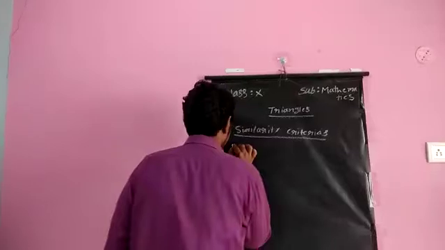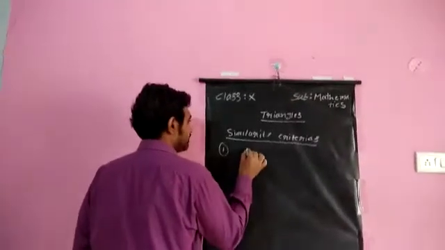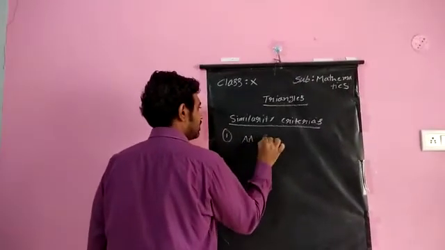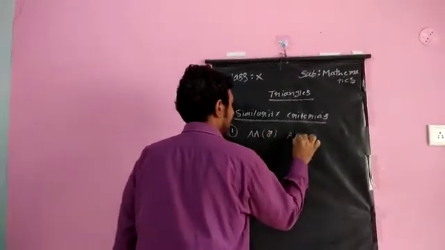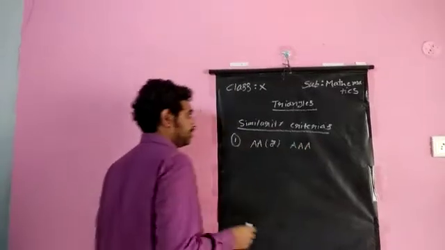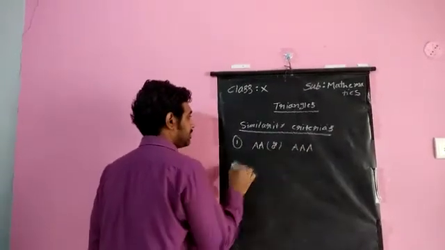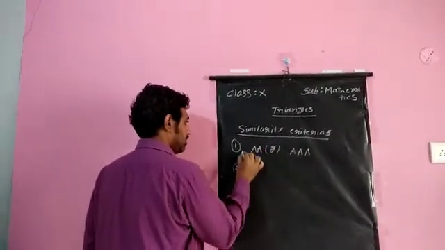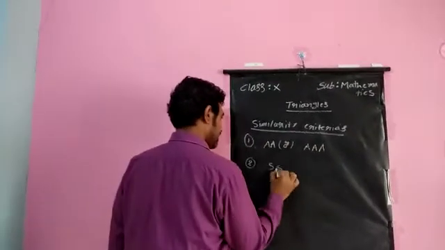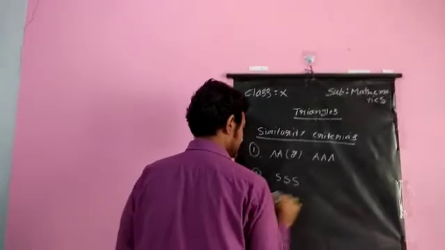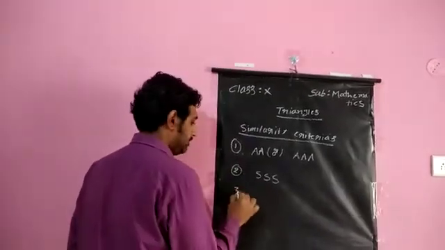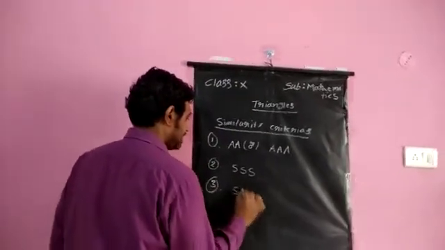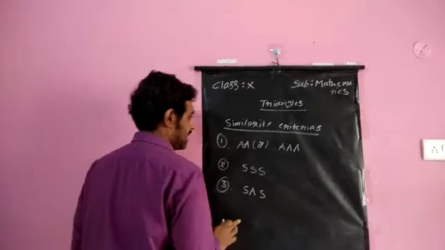Those, one by one, if you go. The first one is the angle or angle angle similarity rule, both are same. The other one is the side similarity rule, and the third is the side angle side similarity rule.